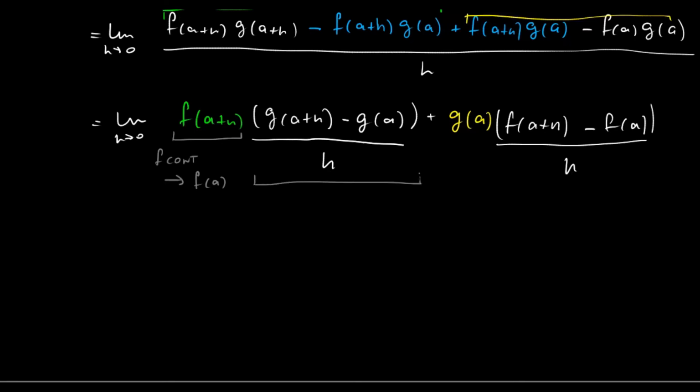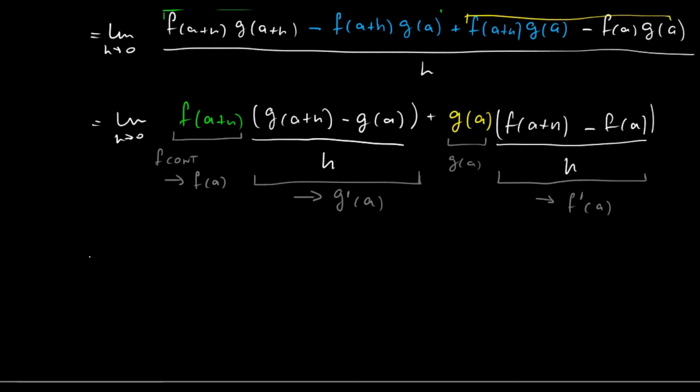Now this second term, because g is differentiable, this term will tend to g prime in a. And then this limit, well, g of a is just g of a. And this other term, because we're taking the limit when h tends to 0 and f was a differentiable function, then this tends to f prime in a.